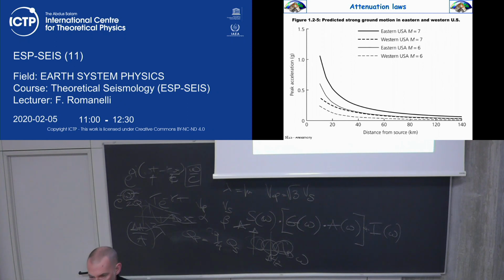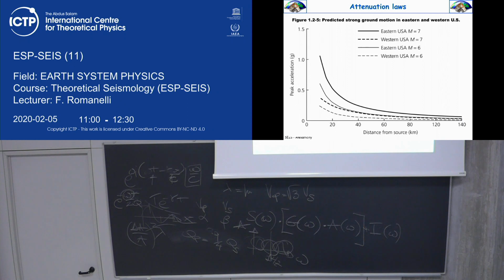If my torch is pointing there, amplitude here can be less than amplitude there. So that's an average, again. By the way, they are now called GMPE, ground motion prediction equations, but these plots here are one of the key ingredients for seismic hazard computation, the standard one.